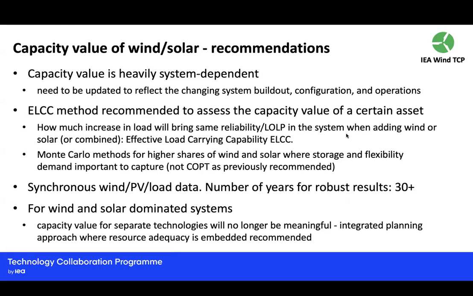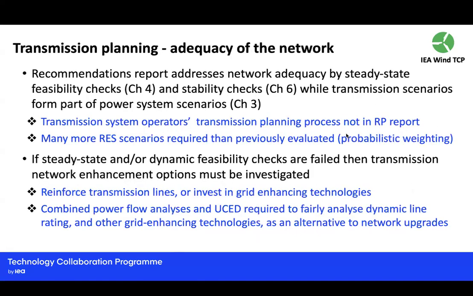There are also some recommendations on how to calculate capacity value. Then you can also look at the transmission part with some steady state checks, and here are some recommendations on how you do the steady state checks for the network. Generally, a transmission planning process would have the scenario setting, you would go to the operational side, and then you would go down and check all the way.